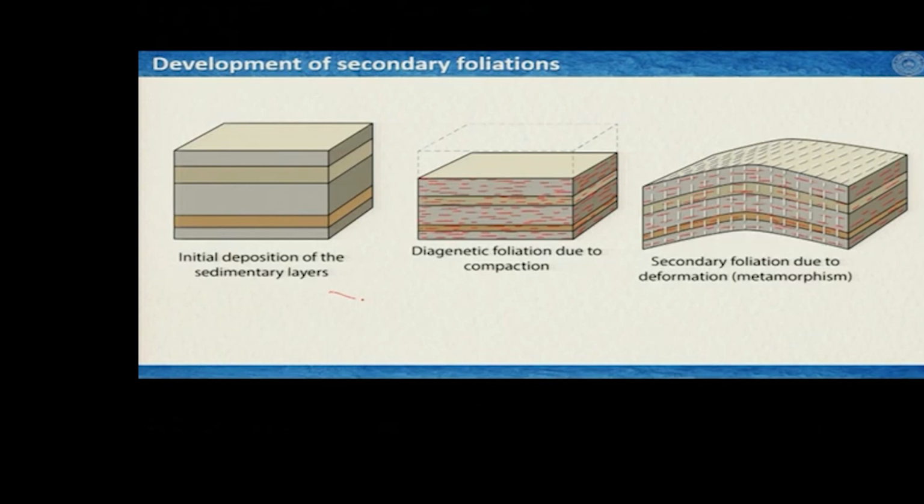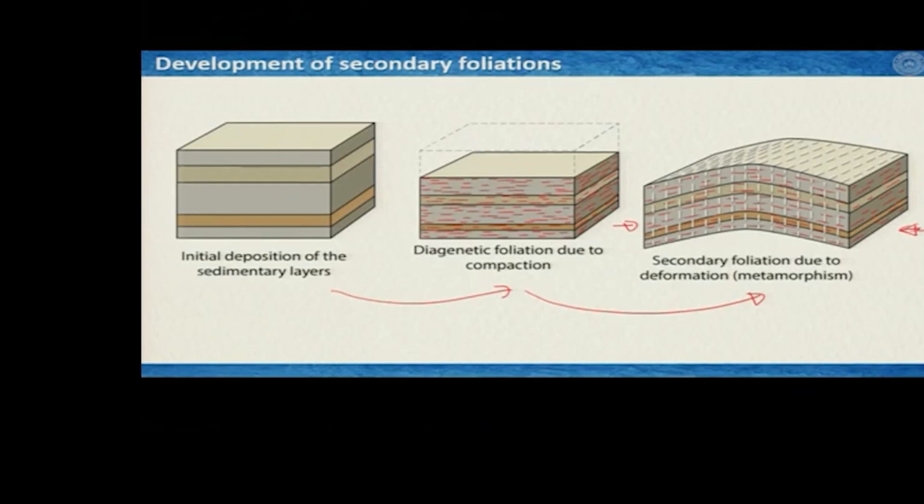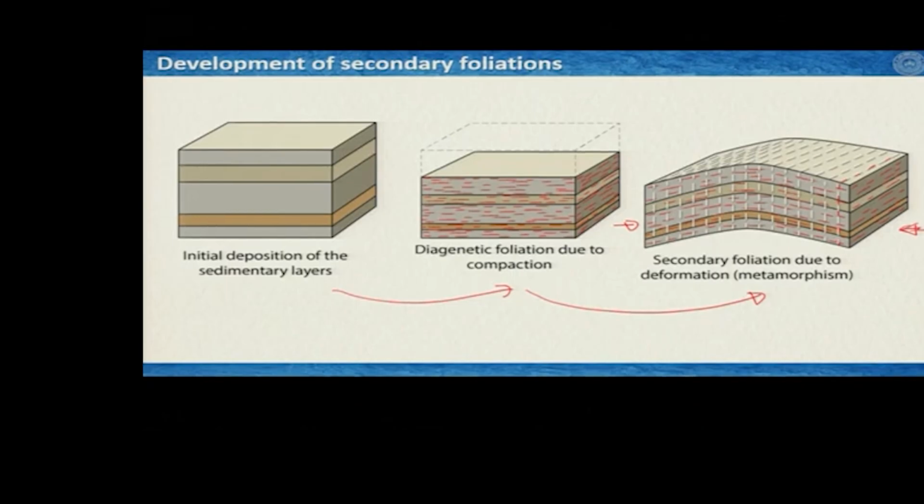So, these two we have understood: we have a sedimentary rock or sedimentary deposition, then diagenetic foliation forms, and after that, if there is a directed force or directed stress that can deform the country rock, then these white dashed lines that we see here appear in the rock, defining secondary foliations.